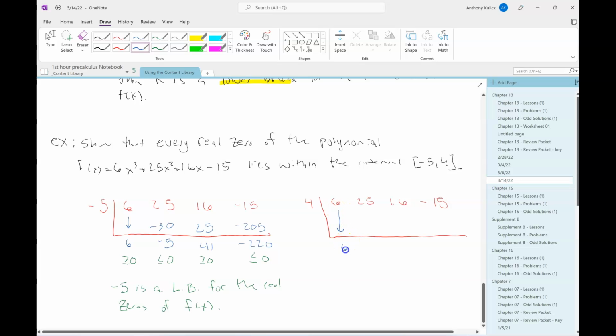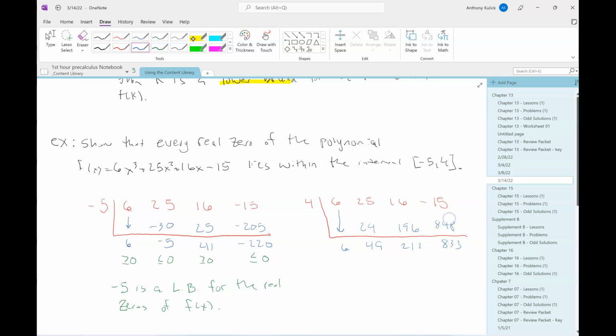All right, well, let's do the next one then. So that's 24, that's 49, that's 196. Let's see, 212, and that's 12, and that's going to be 848, so 833.